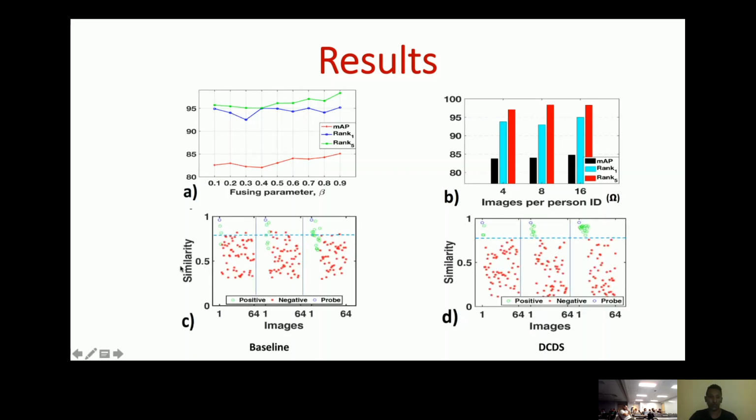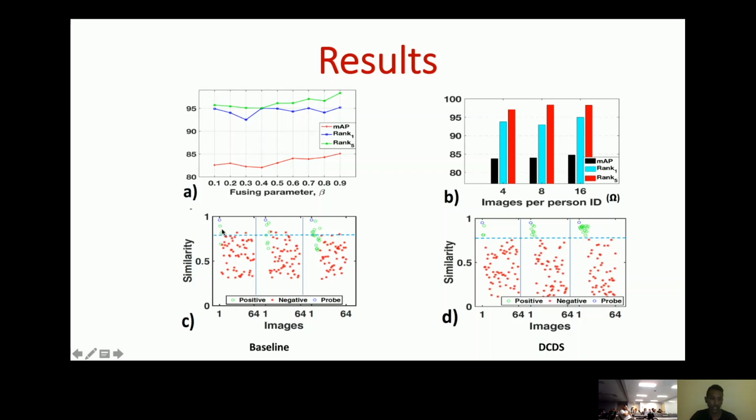Here we show the similarity score of the baseline method and the deep constraint dominant set method. The blue circle denotes the query image, the green one shows the positive image to the query, and the red one shows the negative image. Here we set a threshold similarity score.